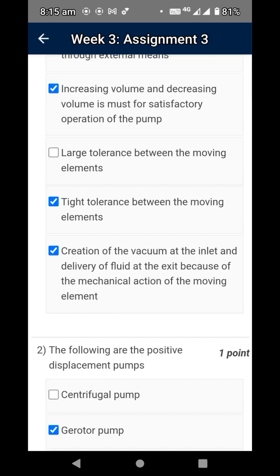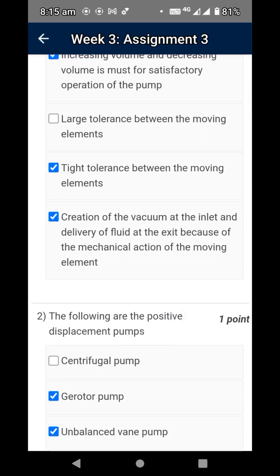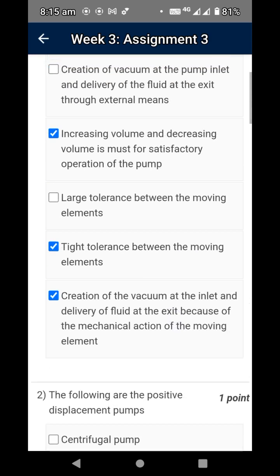In the case of a non-positive displacement pump, whatever quantity of water or oil is sucked by the pump, it delivers a lesser quantity compared to the initial quantity. That is called a non-positive pump. So option 2 is correct.